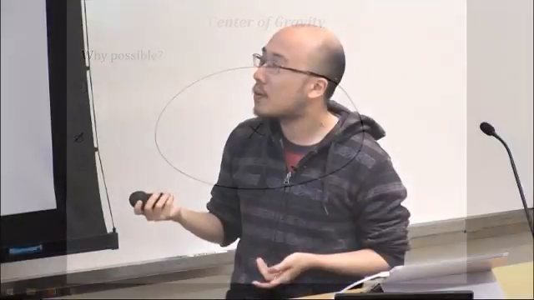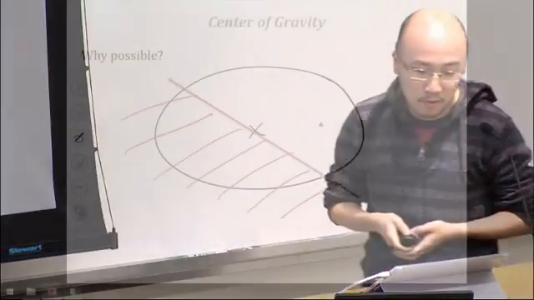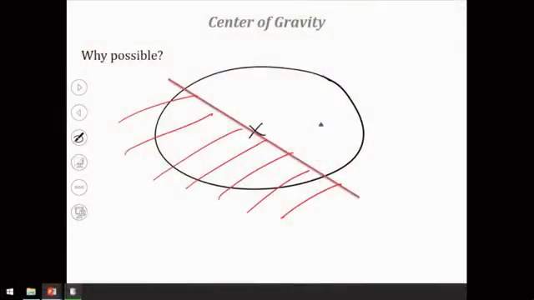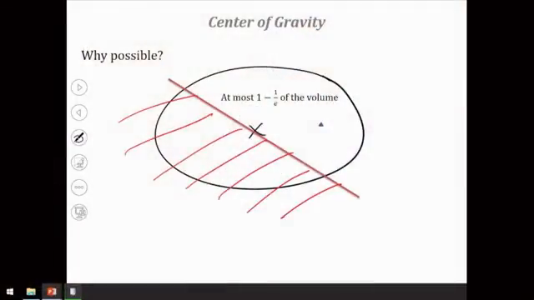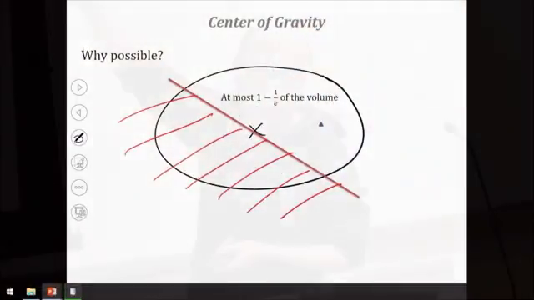If the center of gravity is not in the convex set, then the oracle will give you some hyperplane separating the set. And because of the center of gravity, by some convex geometry, we know the remaining part has volume at most 1 minus 1 over e of the whole volume. That means each time we are decreasing the volume by some constant.